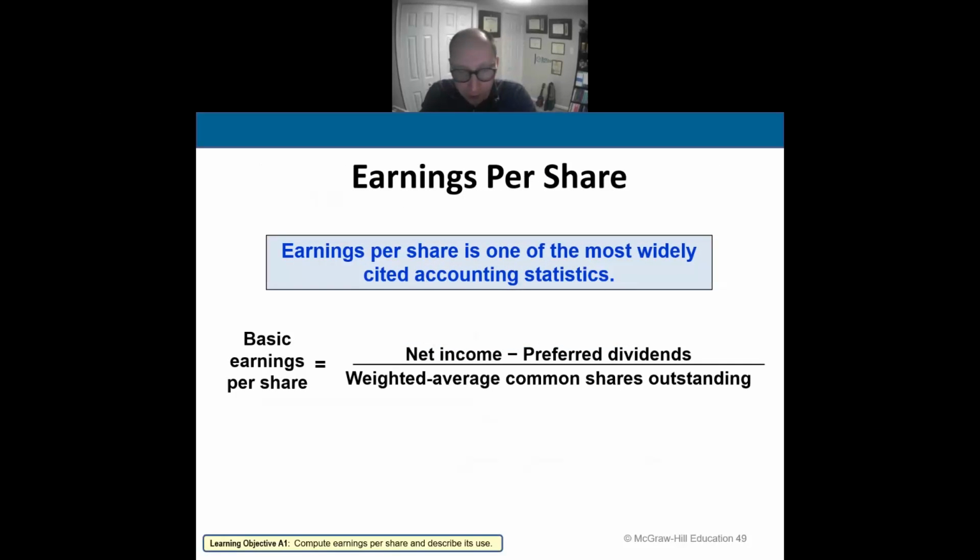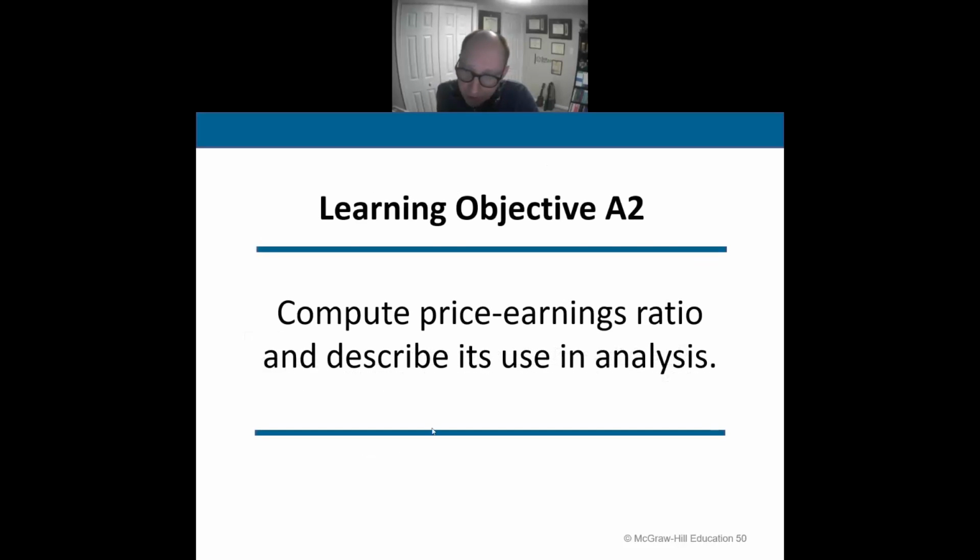A couple ratios. You know, we can't get through a single chapter in this course without at least a ratio or two. This one's called earnings per share. Earnings per share is used to get an idea of how much each share of stock is worth with respect to buying power. So it's net income minus preferred dividends divided by weighted average of common shares outstanding. You don't have to go too deep into it.